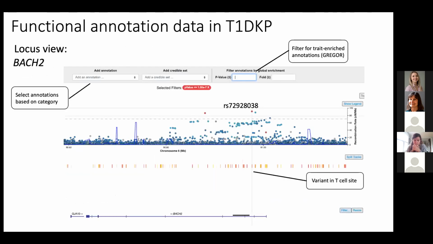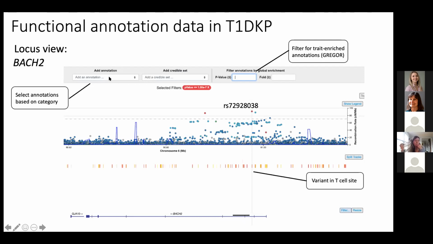I just have one example of how this information is used to annotate risk variants. This is the BOC2 locus I mentioned that both of our groups on this call have studied in some context. If you go to the locus view, search for BOC2, and you're interested in understanding the mechanism, it shows you the association data, but then you can also load annotations that are aggregated from our epigenome atlas site.